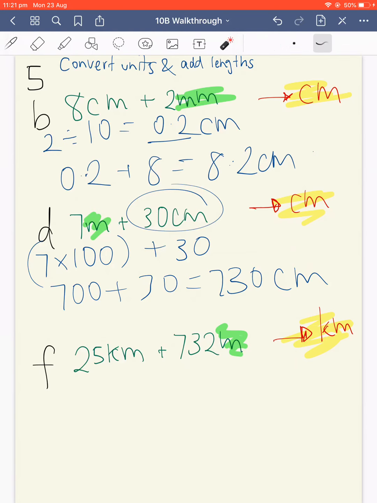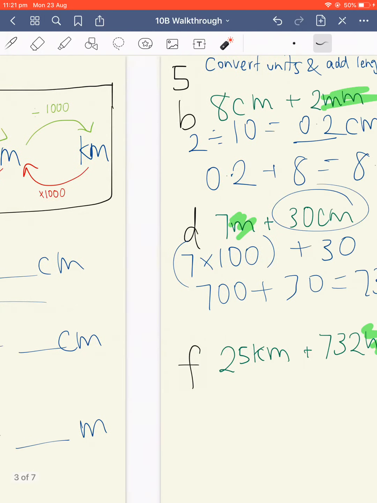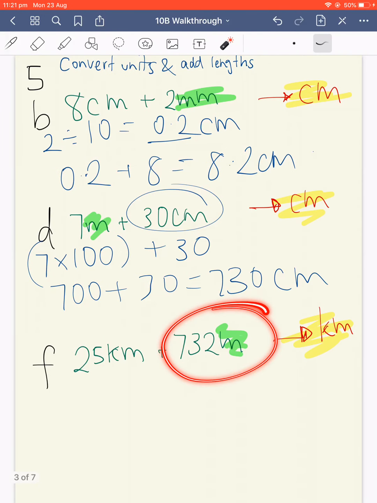Next one, we have kilometers and meters, and we only want it in kilometers. So I'm going from meters to kilometers. So double check, I'm going from meters to kilometers, so I'm going to be dividing by 1000. So I'm going to divide that number by 1000.